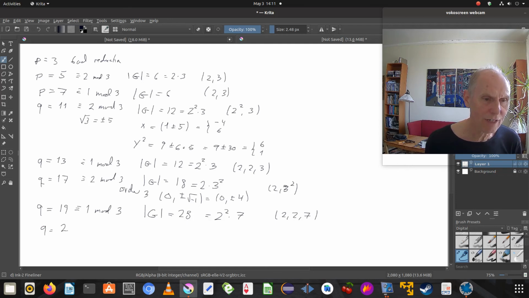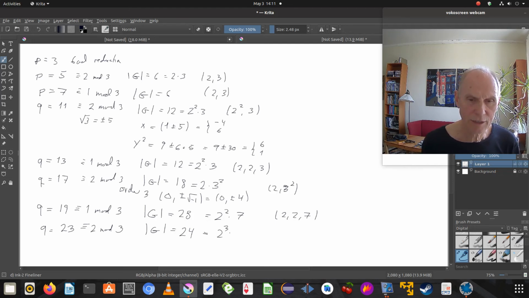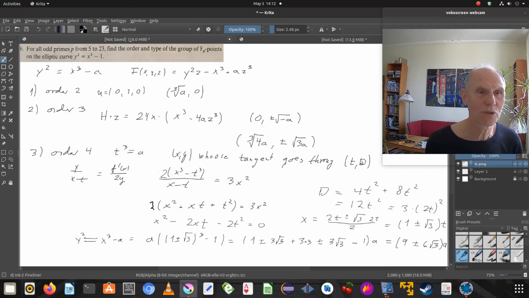And the final guy will have 24 elements, and this is 8 times 3, so there's only one possibility. We do have a question about how many points of order 2 we have. Now, do we know anything about that? Points of order 2.